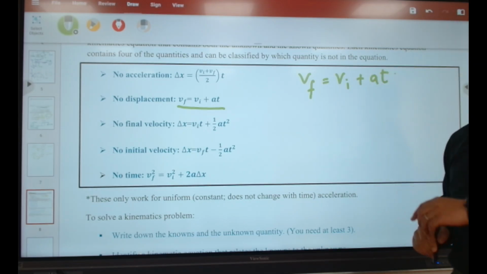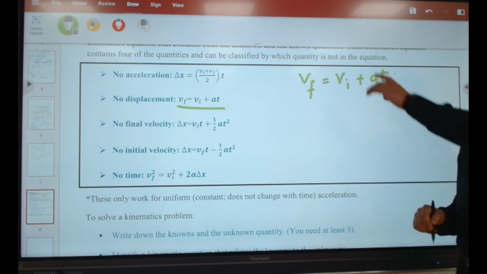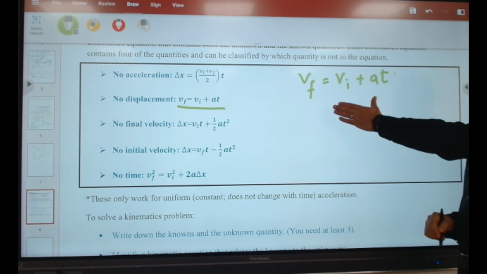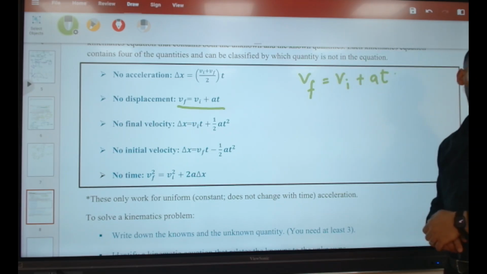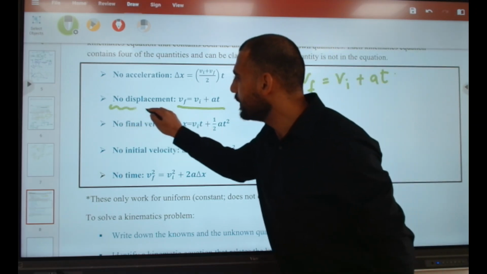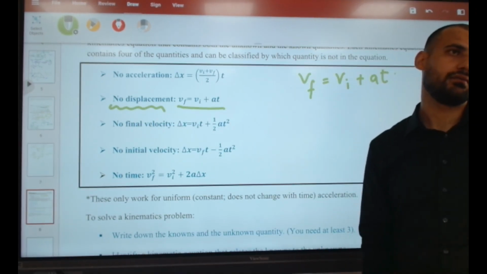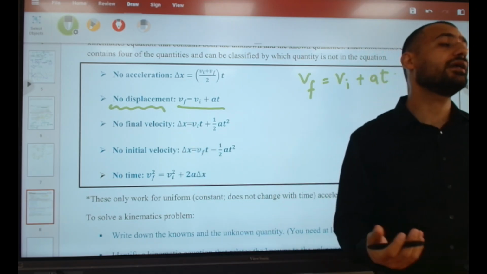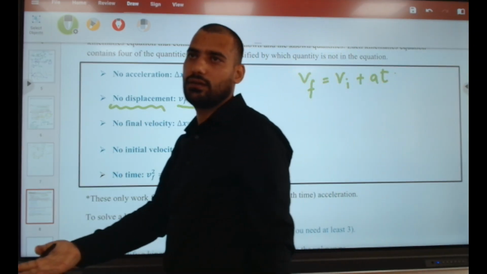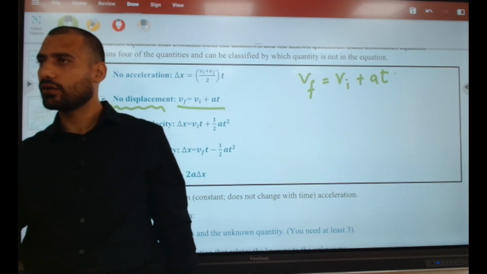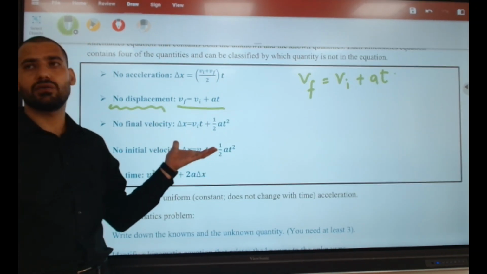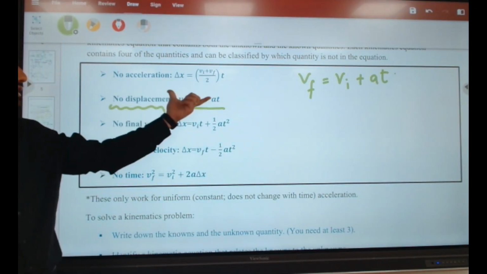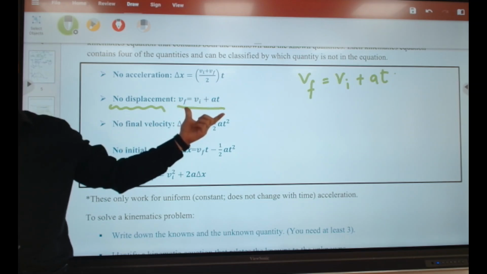See, how many variables are involved? Out of those 5, we have 4 variables, right? Yes. Which is missing? Displacement. So when there is no displacement, then only use this equation. Is that fine? No displacement, that means it is not given and you have to find something else. Okay? Don't use other equations. Why? Because only in this equation you don't need displacement.